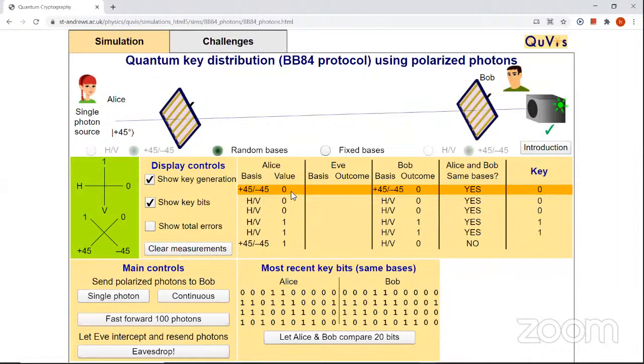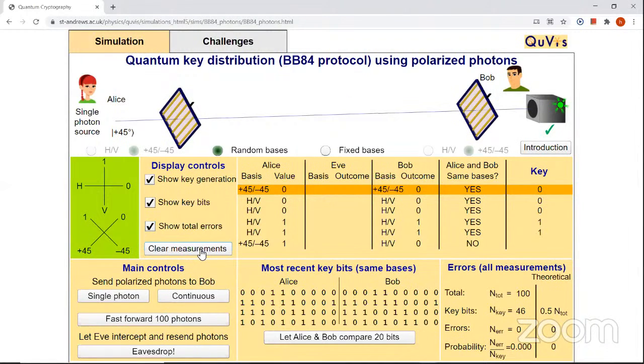As was told, 50% of the time randomly this basis will match. So what we are saying is, out of these 100 photons, 50% of the time on average the basis will match, and those matching basis bits will be used for key.